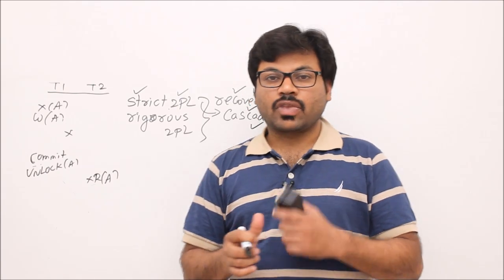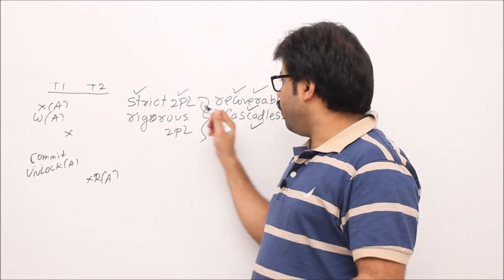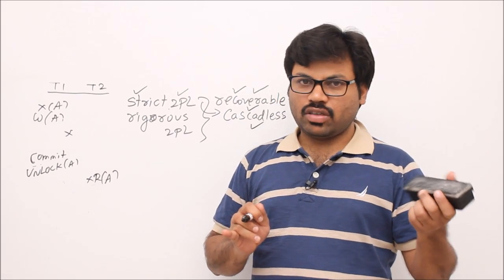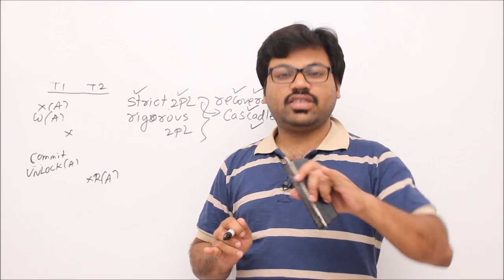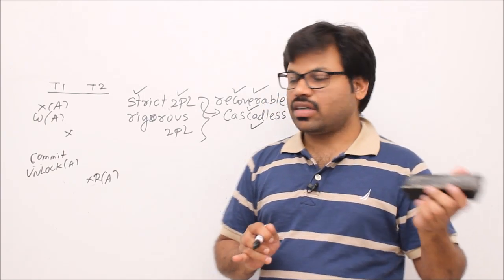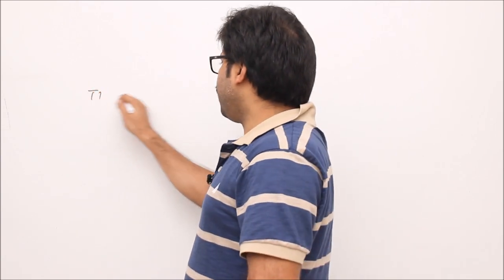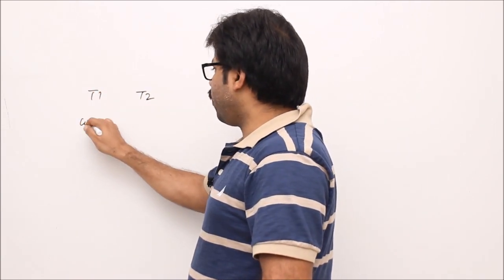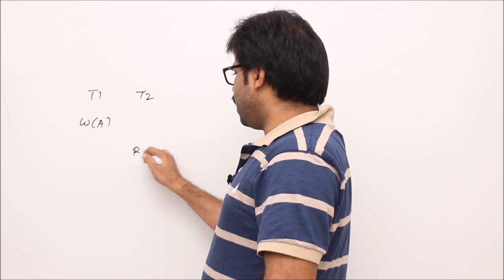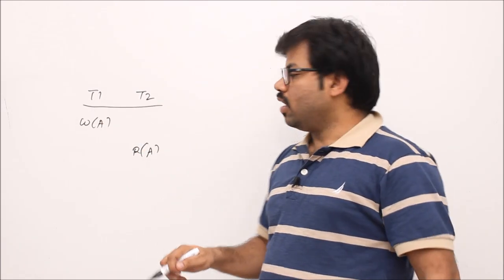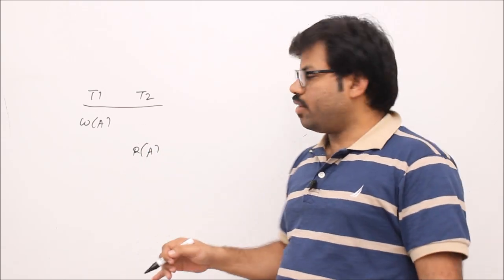Now we will see whether recoverability and cascadelessness are ensured by other algorithms or not. One is basic 2PL, the second is conservative 2PL. Let's try to understand that. Let's take the same schedule with T1, T2, write of A and read of A. There is a dirty read. This is the simplest problem which explains a dirty read, correct? Now it is allowed under basic 2PL. Why?